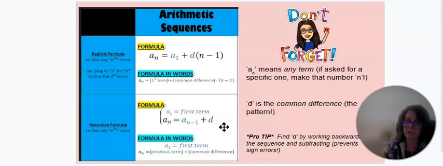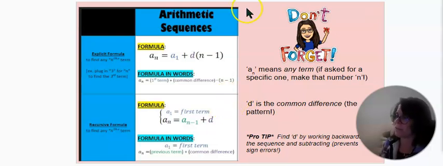So if you know the 7th term and you need the 8th term, you're just going to add the pattern, the common difference, and get the next one. A recursive formula is really simple and useful for that reason. Put these in your notes and we'll go over some examples. Pause the video to get it written down.